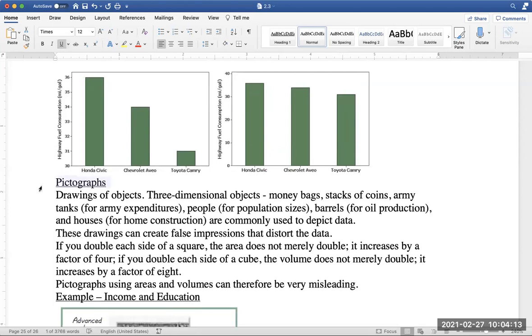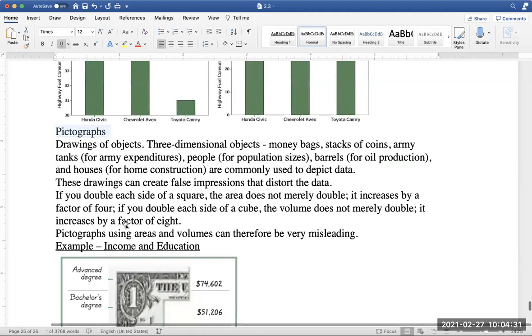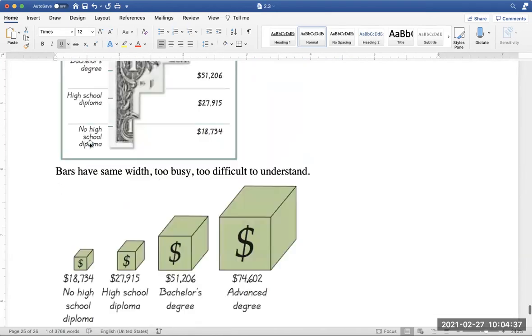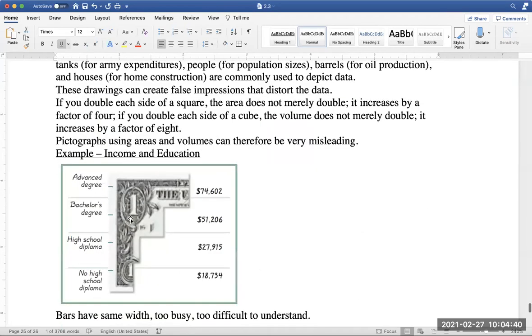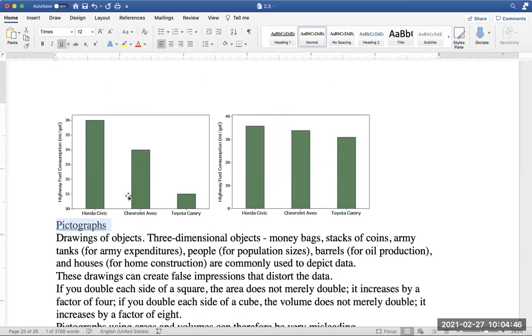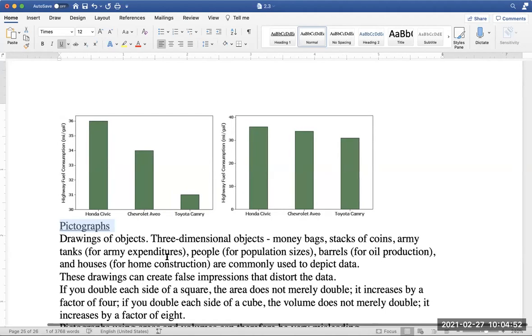So pictographs. Some entities, especially if you've ever seen USA Today, is one that's famous. Newsweek used to do this a lot too, not as much. These are probably all from USA Today, where they use pictographs. Oh, I don't have any pictographs here. Well, this is sort of a pictograph, where they use things like houses, and they'll say they're doing it for home construction or new home construction.